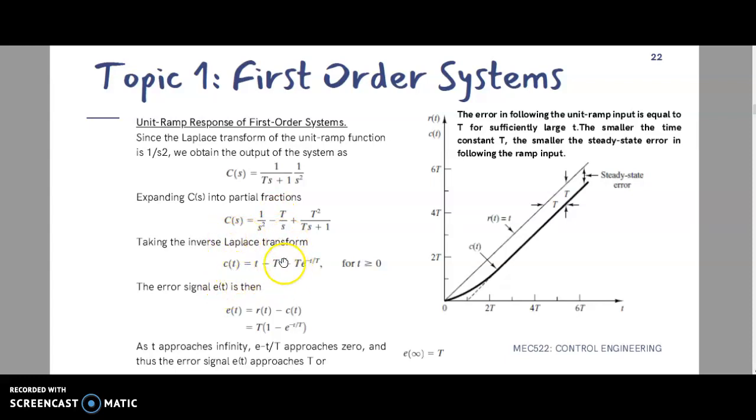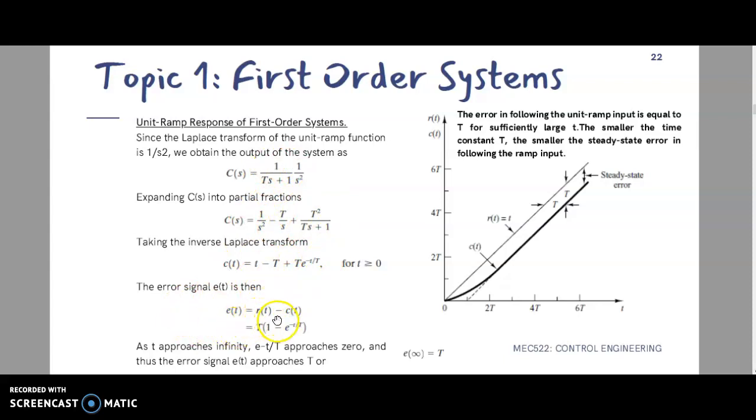So after you take the Laplace, C(t) equal t minus capital T plus capital T exponential minus t divided by capital T. T here is a constant number ataupun kita katakan pole lah kan. So for this case, you want to find the error signal.